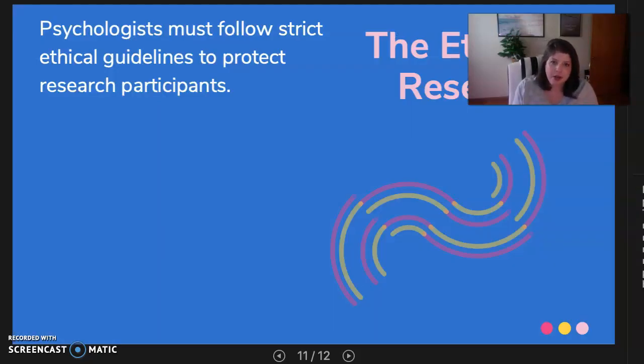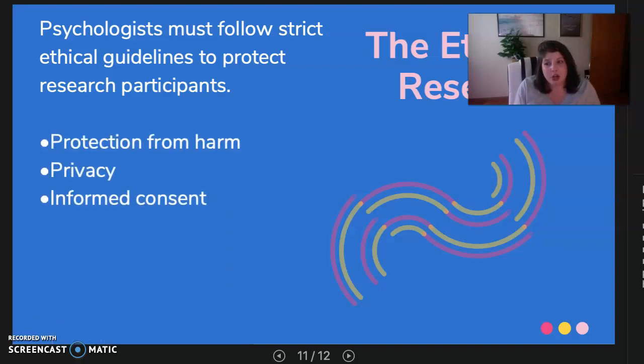So this last part, the ethics of research, we're going to have a day on ethics later in the semester where I have some interesting scenarios to think through about how to handle them. But just so you know, psychology has really strict guidelines to protect research participants. You have to make sure that they aren't going to be harmed. You have to make sure that their results are going to be private.